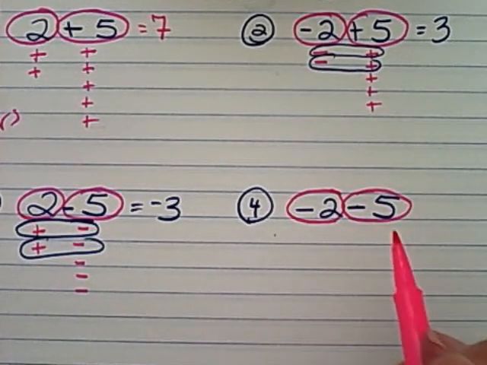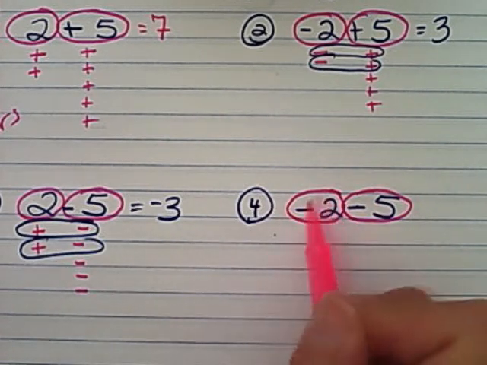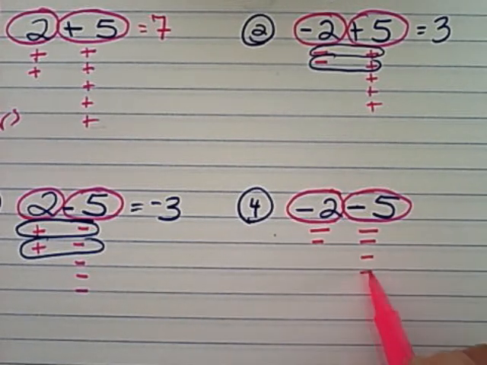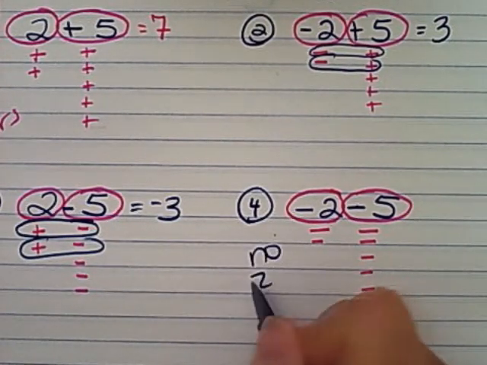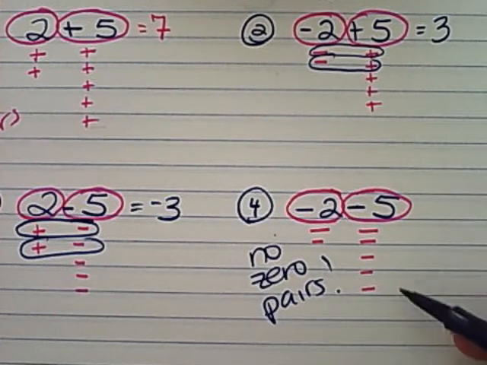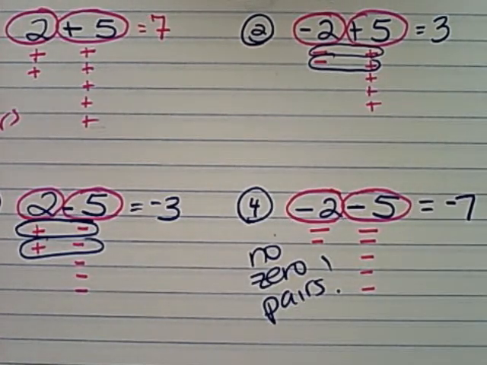As soon as you start thinking of these as combining integers, you can see that you have 5 negatives, 3, 4, 5. When I write that down, in my head I see that there are no 0 pairs. It's just a whole lot of negatives. So my answer is negative 7.